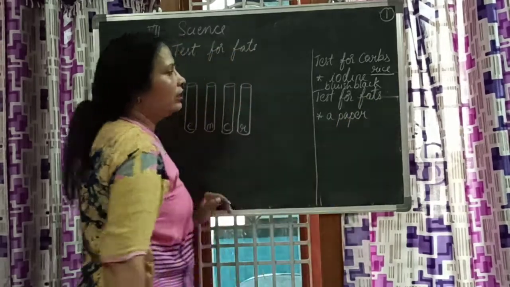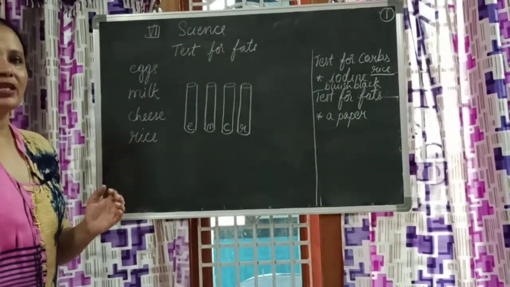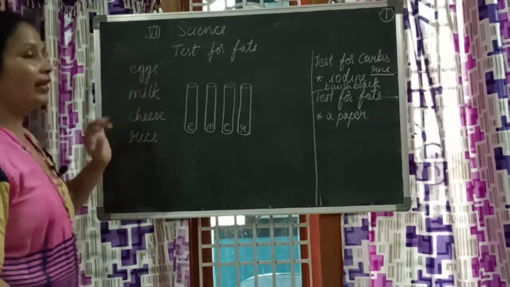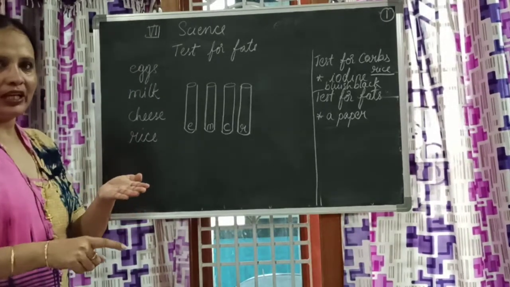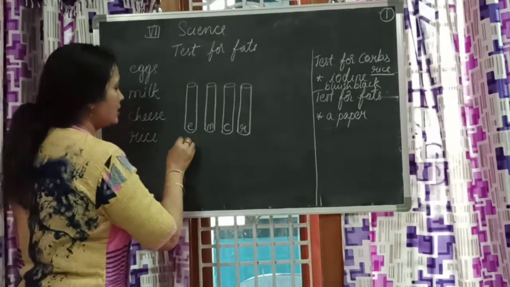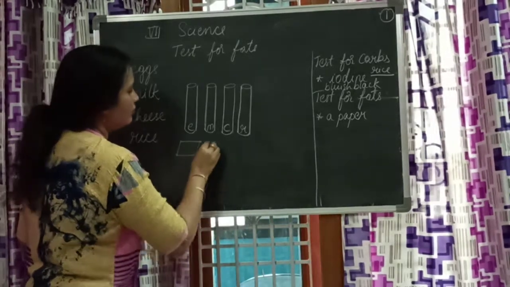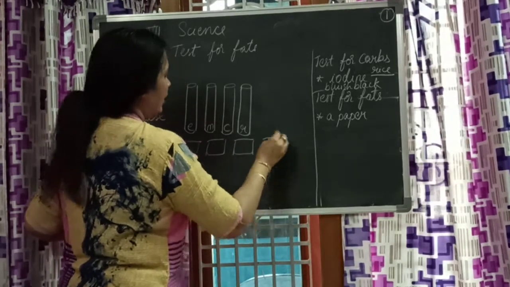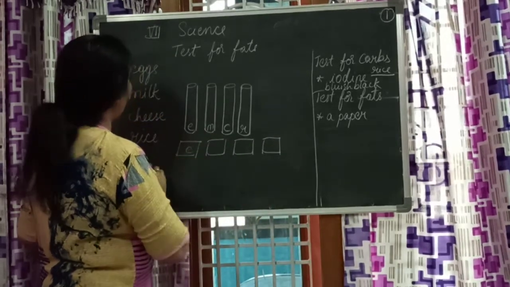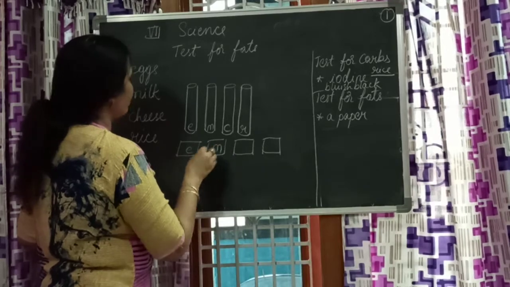Take a paper. On that what we do is, each egg, just a drop of egg you take and rub over that. Take another paper. Now let us see. Take 4 pieces of paper. Okay. Now rub egg over that. Rub a drop of milk over this.